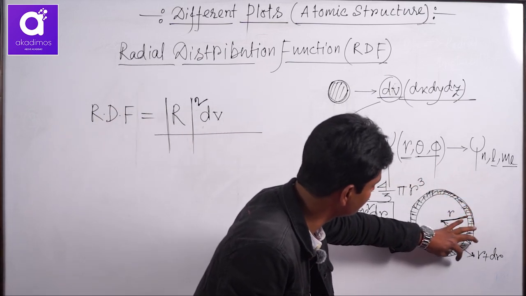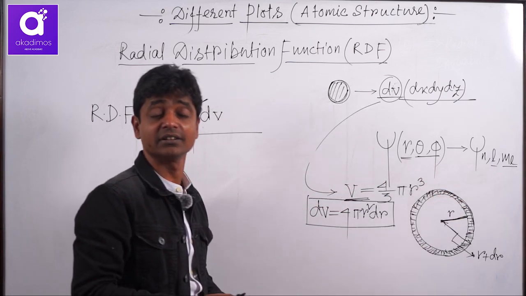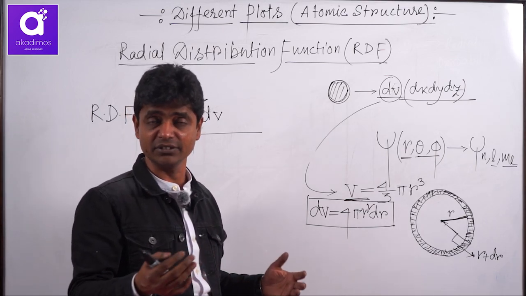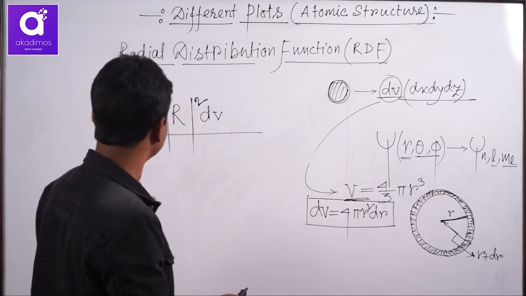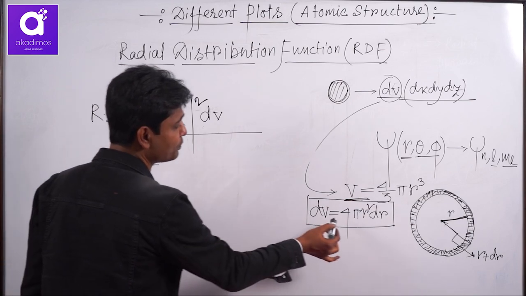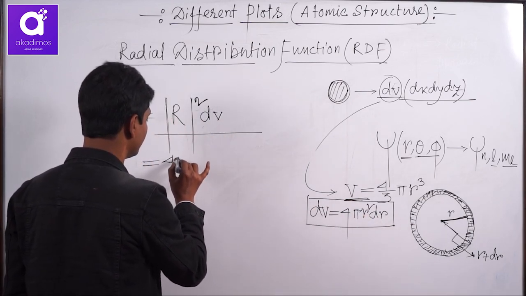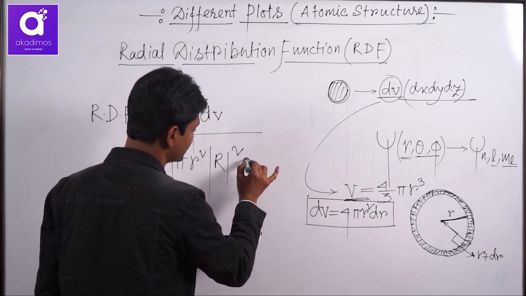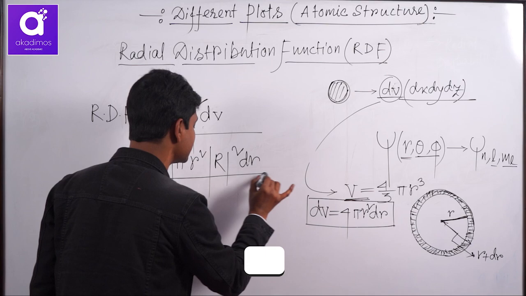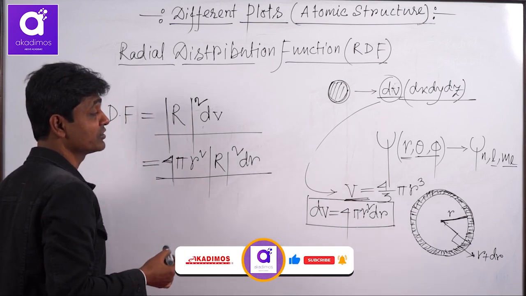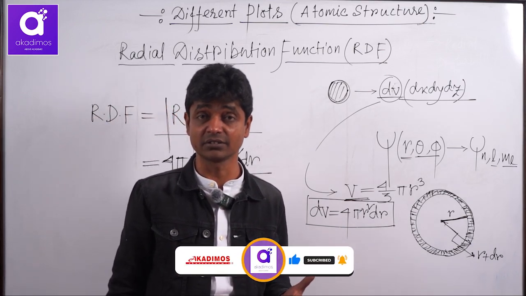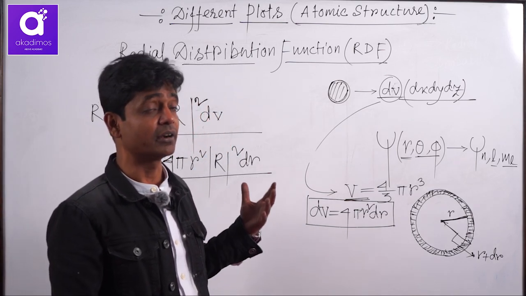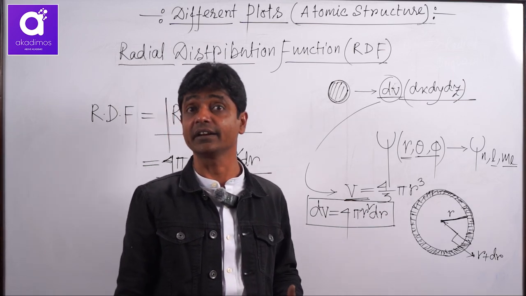What is the volume of this sheath, considering only the radial coordinate? If I consider the spherical path, you will get only the radial coordinate, and dv is 4 pi r square dr. So the expression is the wave function R square times 4 pi r square dr. Actually, this is the expression of the radial distribution function, which gives a better distribution of the electron cloud in the radial distribution function versus radius plot.